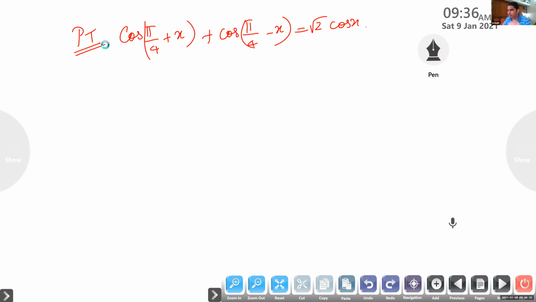No. If it is cos plus, both the terms will be cos. Ma'am, 2 cos A plus B by 2 into cos A minus B by 2. Yes. Okay.